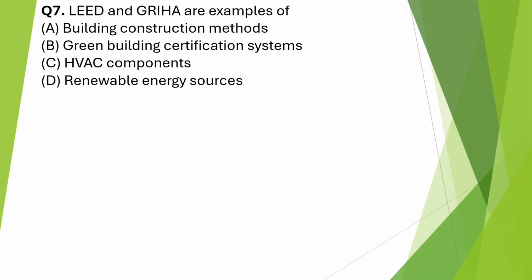So let us move to the seventh question, which is asking you about the GRIHA and LEED certifications you might have heard about. These are examples of building construction methods, HVAC components, renewable energy sources, or green building certification systems.